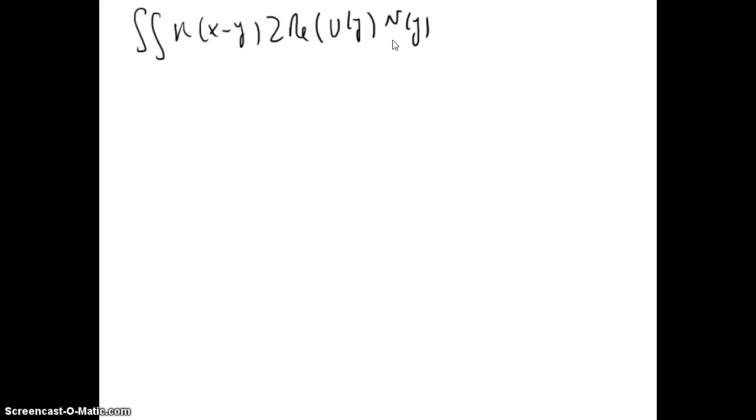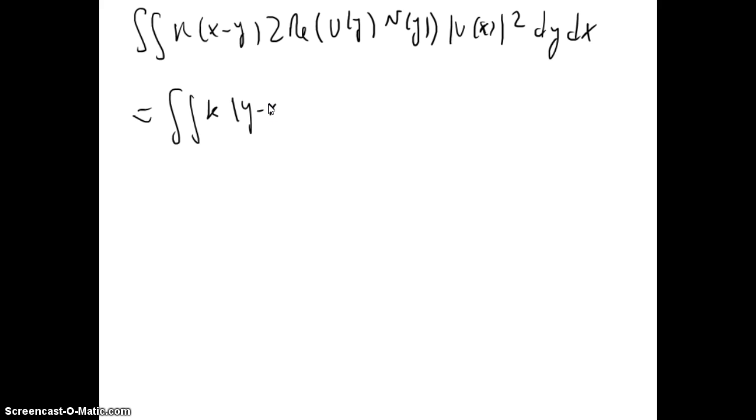You recall that I had, let's say, K(x, y) real part of u(y) conjugate b(y), u(x) squared dy dx. This will be equal to, well, K(y minus x). Okay, this is a convolution.